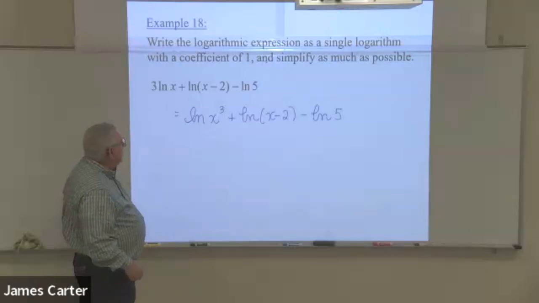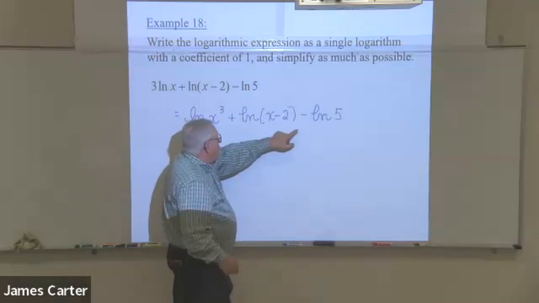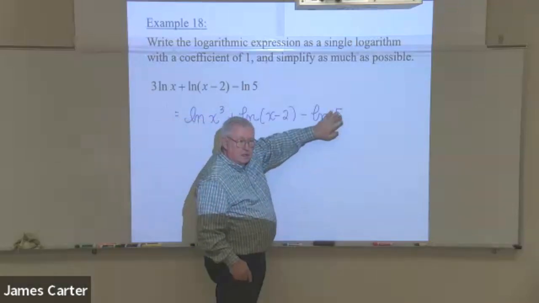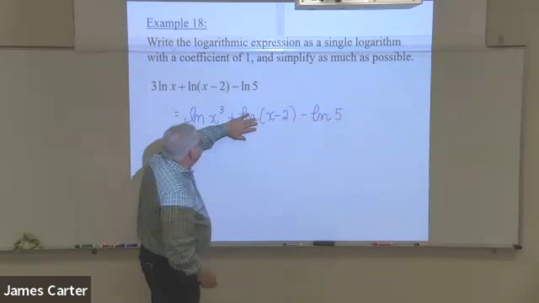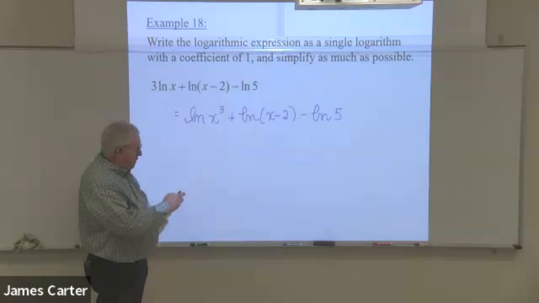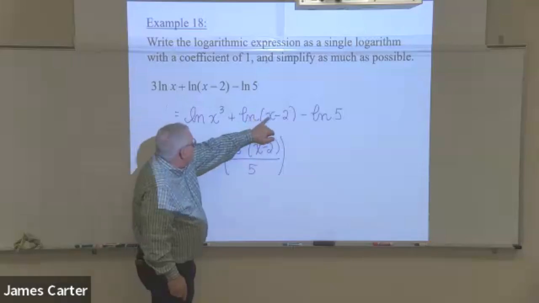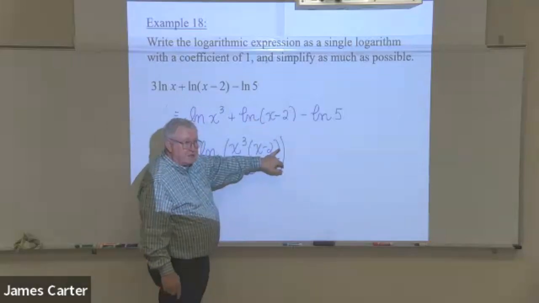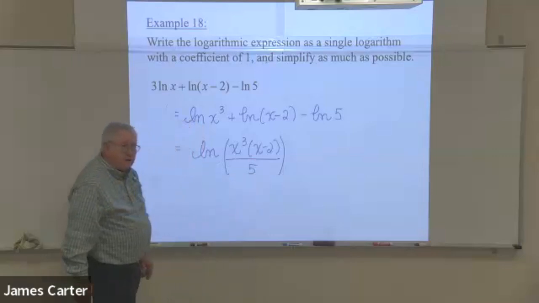Now then, all of these 2 are pluses, that one is a minus. That minus is going to go in the denominator. These two are going to be in the numerator with a log in front of it. So here's the x cubed. Here's the parentheses, which has to remain intact, minus the 5.